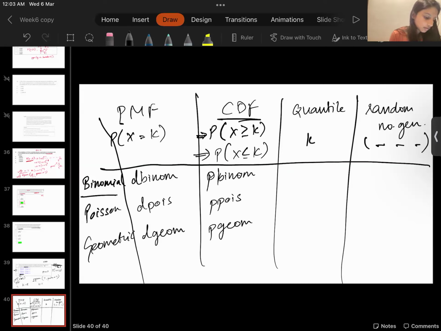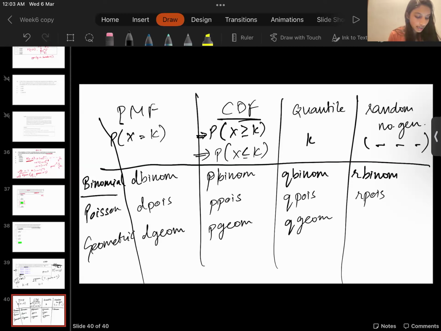And if you want to calculate the quantile, it's qbinom, qpois, qgeom. And if you want to generate random numbers, rbinom, rpois, and rgeom.